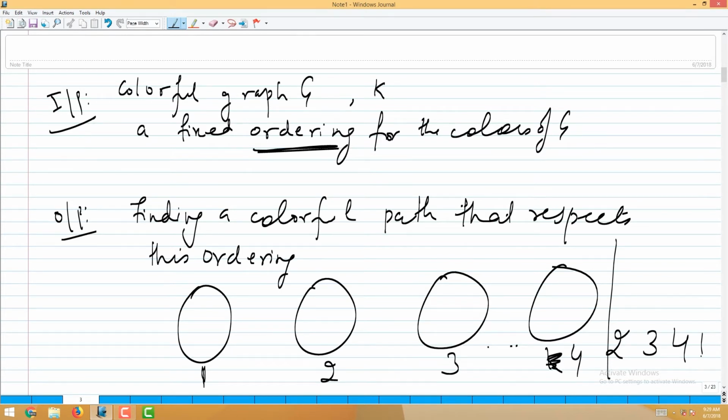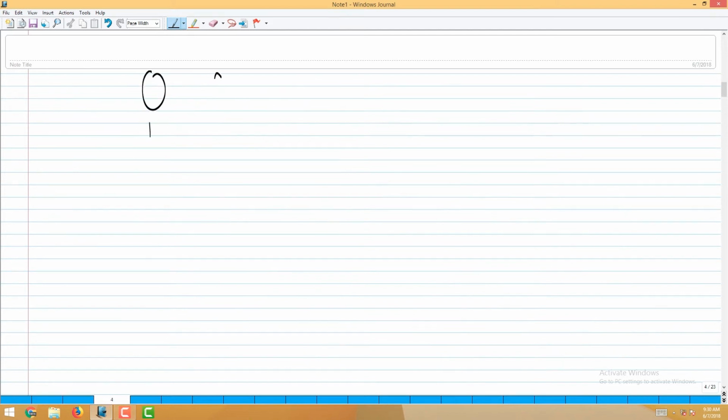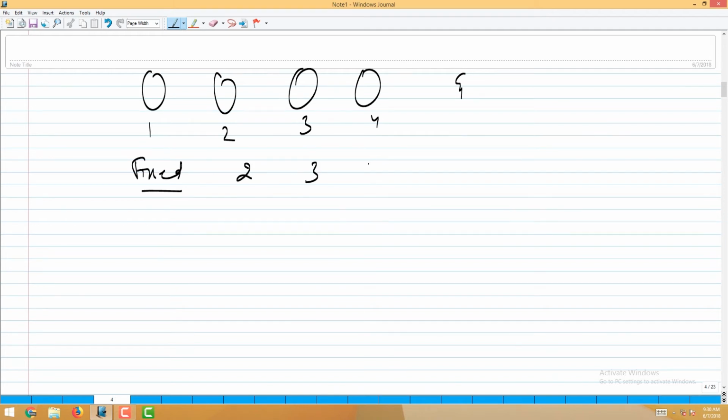So let's see if we can find such a path in the graph. This was the original graph G, and I have fixed an ordering 2, 3, 4, 1. We are looking for a path whose first vertex is from 2, second from 3, third from 4, and the last one from 1.